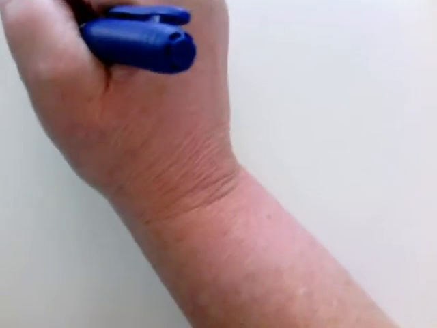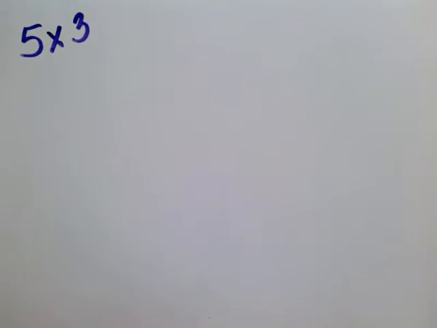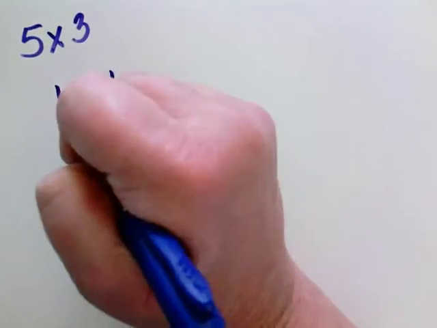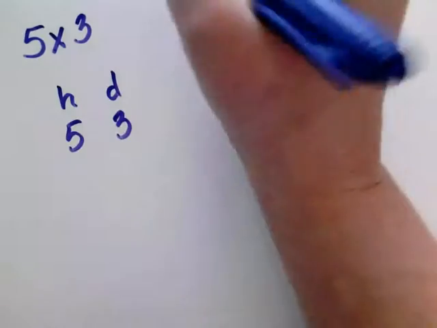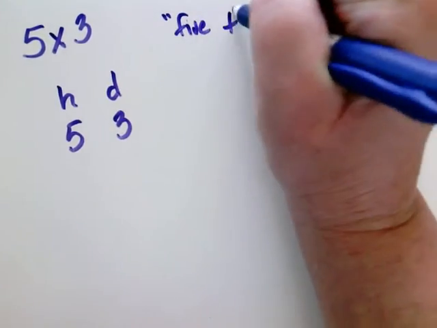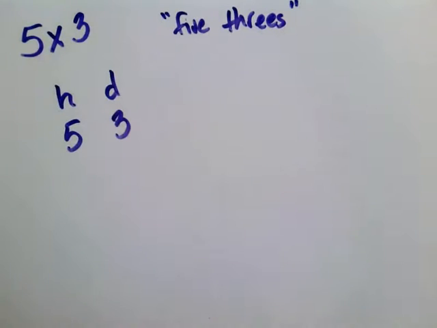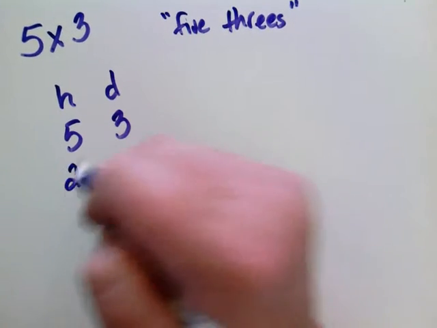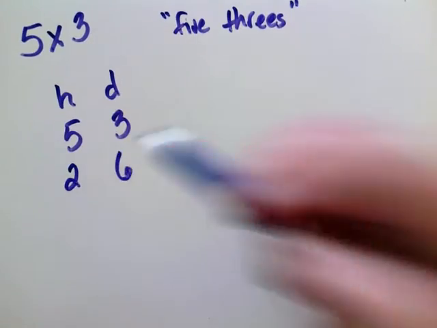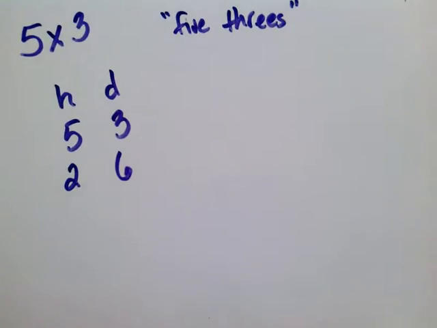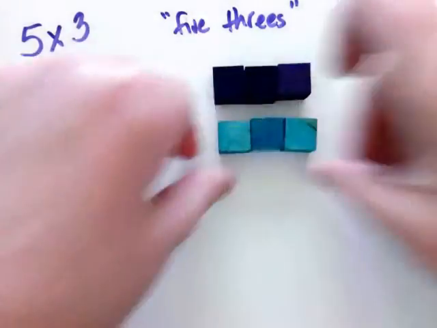Well, let's use the blocks again and some smaller numbers to figure it out. So we'll go back to the 5 times 3, which we know is 15. We said we would halve the 5 and double the 3. Now 5 times 3 means 5 threes. And if we halve the 5 and get 2.5, we said we would drop the half and just look at it as 2, and then double the 3 to get 6.